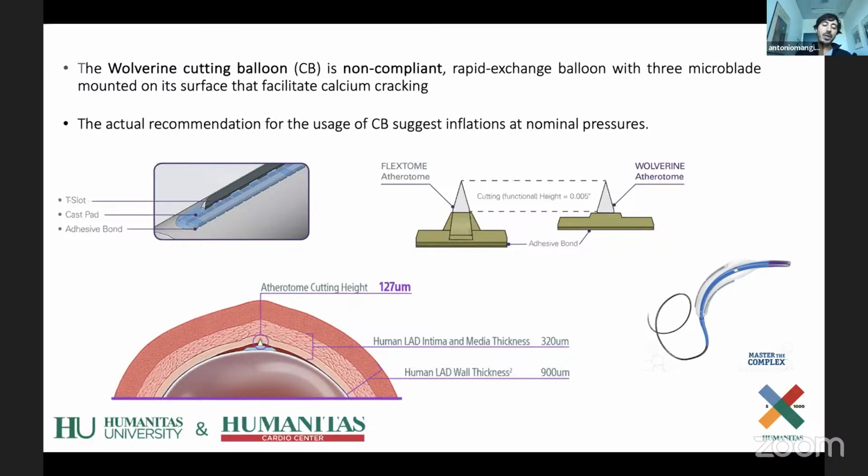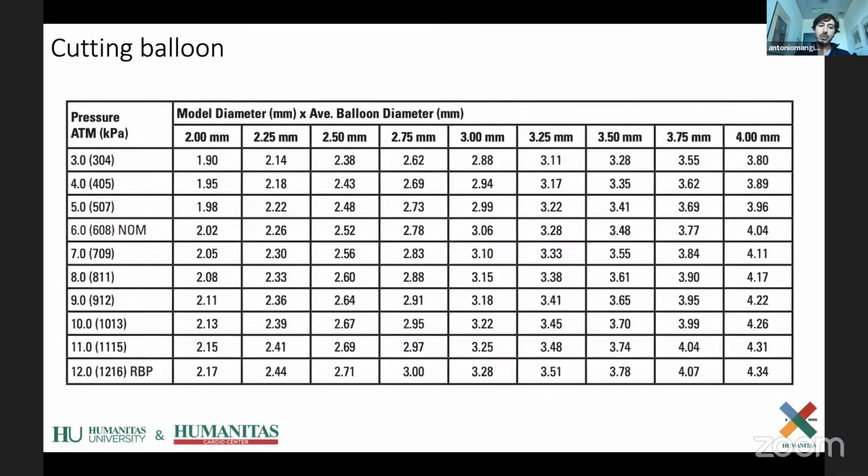You see that compared to the thickness of the wall of a normal LAD, the cutting properties are not so dramatic. So the possibility of the cutter to come inside the vessel wall is not so dramatic.